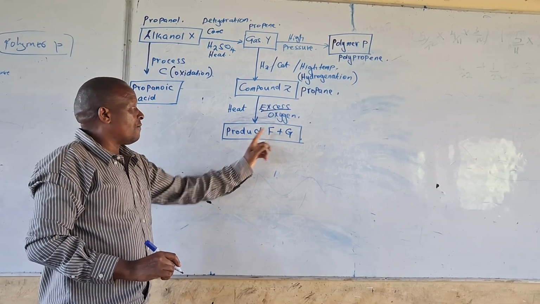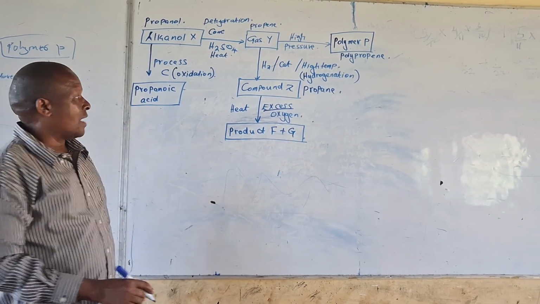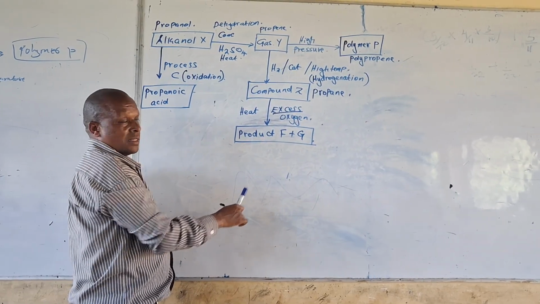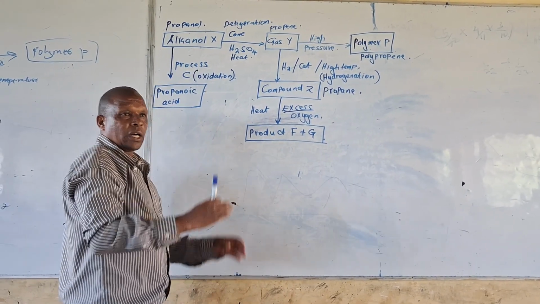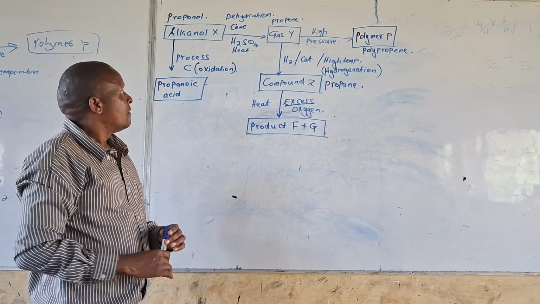If you decide that F is carbon dioxide, then G is water. And if F is water, G is carbon dioxide. You can write the two interchangeably. Are we together? Yes. Very good.